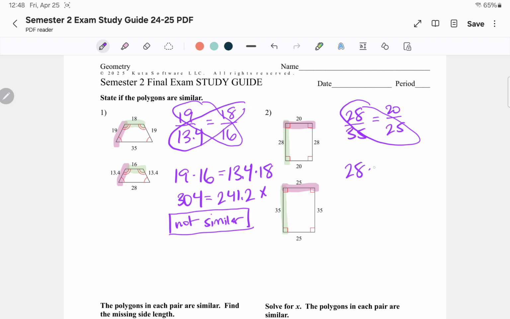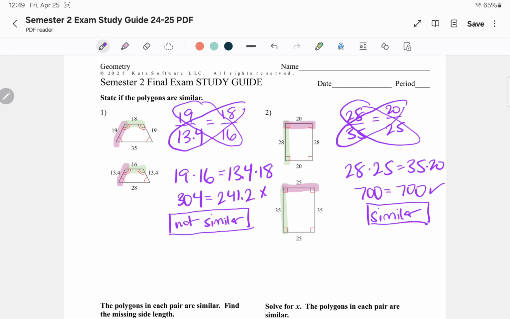So 28 times 25, I'm going to see if that's equal to 35 times 20. In my calculator, 28 times 25 gives 700. 35 times 2 is 70, put a 0 on it is also 700. Are these numbers the same? Yes, that means it forms a proportion, which means they are similar.